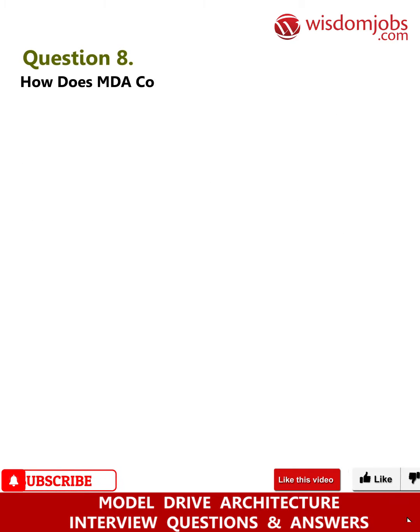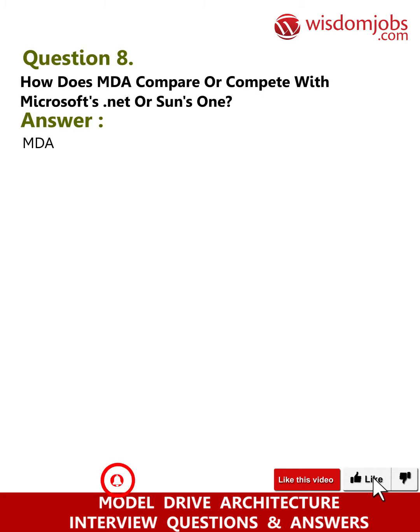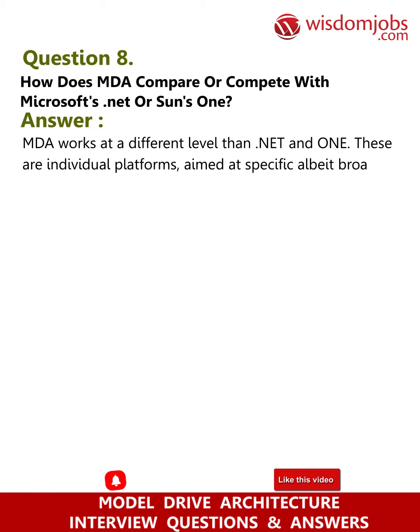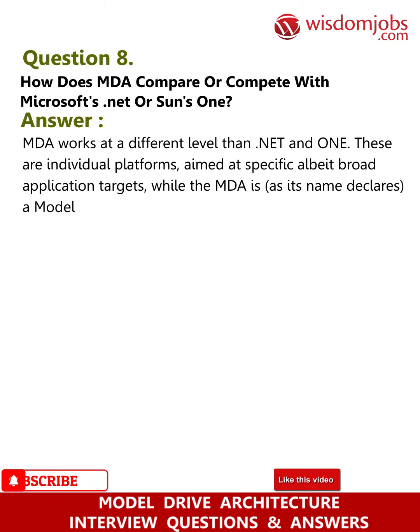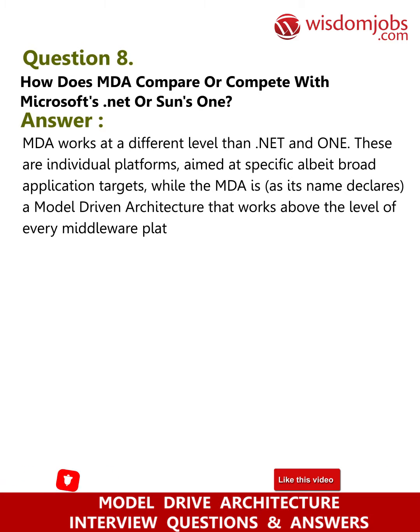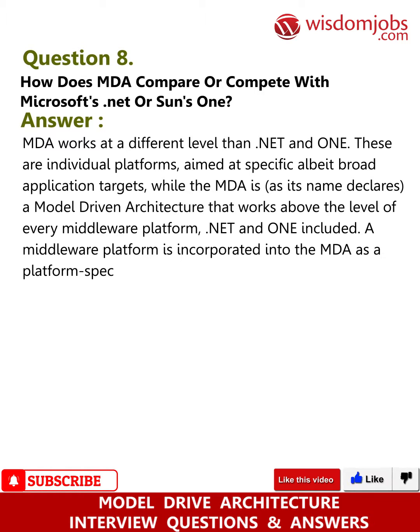Question 8. How does MDA compare or compete with Microsoft's .NET or Sun's ONE? Answer. MDA works at a different level than .NET and ONE. These are individual platforms aimed at specific, albeit broad, application targets, while the MDA is, as its name declares, a model-driven architecture that works above the level of every middleware platform, .NET and ONE included. A middleware platform is incorporated into the MDA as a platform-specific profile.